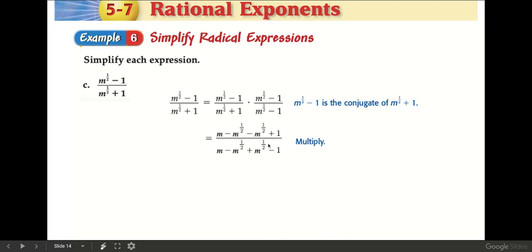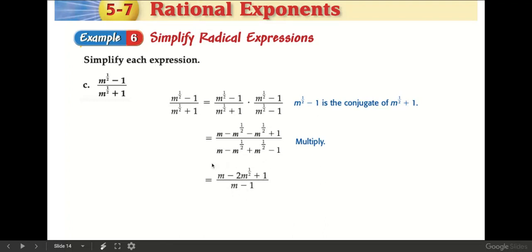So once I've multiplied all these out in the numerator and the denominator, then I can simplify. And really where you're going to simplify are these middle terms. So minus m to the 1/2 minus m to the 1/2 is going to become minus 2m to the 1/2. And over here, where I have minus m to the 1/2 plus m to the 1/2, that's going to zero out. So in the denominator, I have just m minus 1.